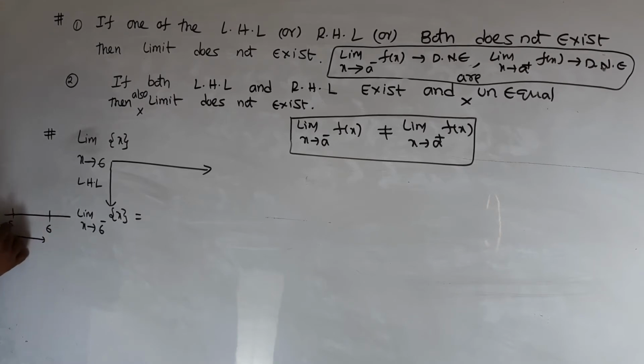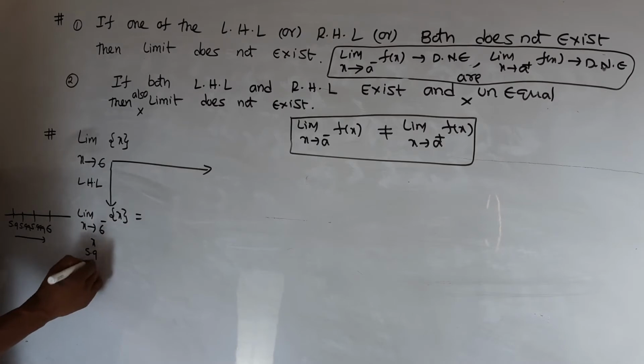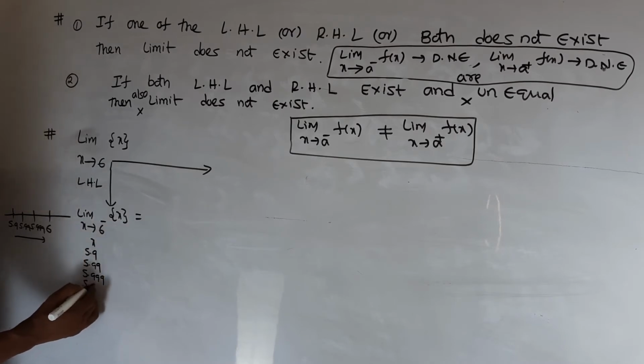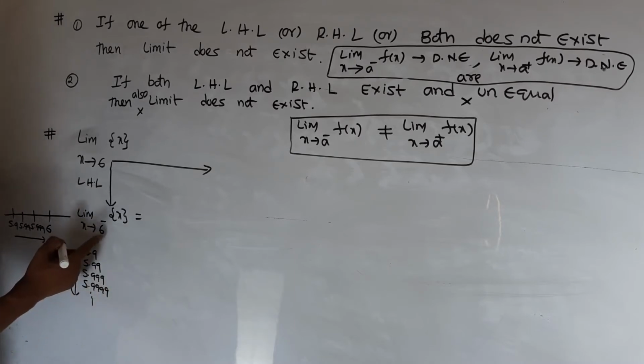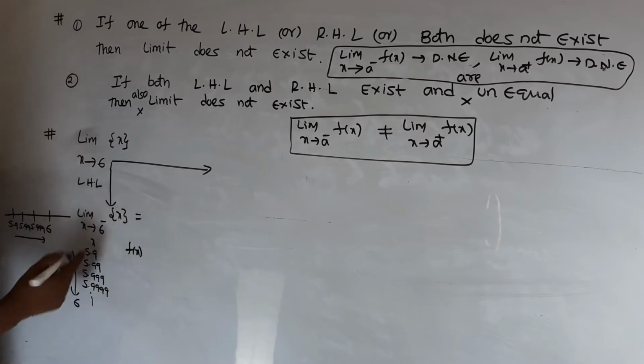The values are 5.9, 5.99, 5.999, 5.9999 and so on. X approaches 6. Now f of x is the fractional part of x.